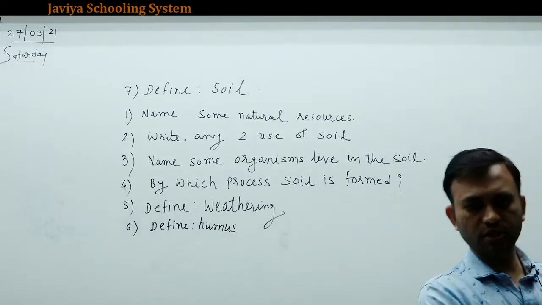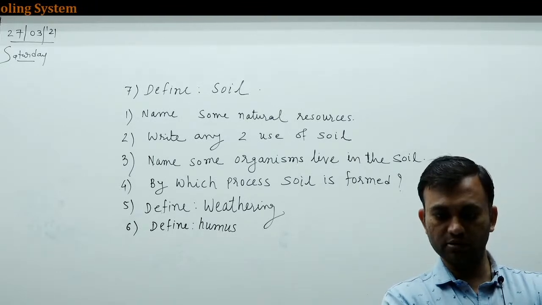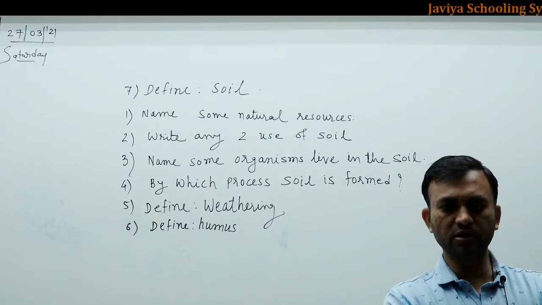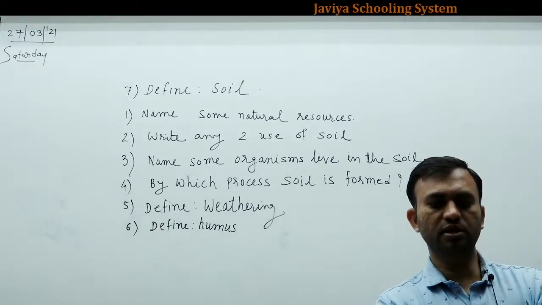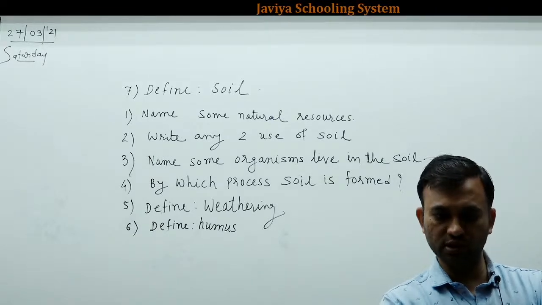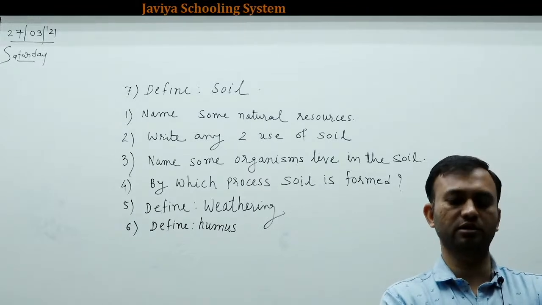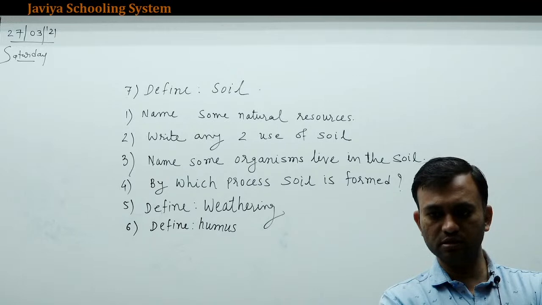So the reason we can tell is because the types of the rock particles everywhere are not the same. So this is the reason that everywhere soil is not the same. Second point is climatic conditions. Everywhere climatic conditions are not the same.